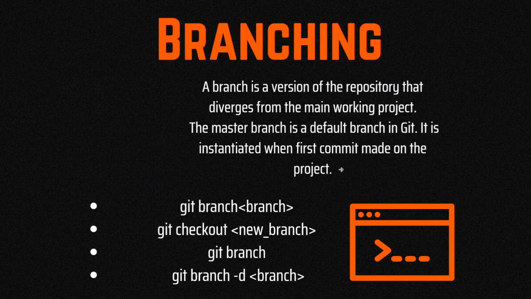So basically, when you want to create this snapshot that I mentioned, a branch, you do git branch and the name of the branch. Let's say, git branch feature A, or git branch homepage.